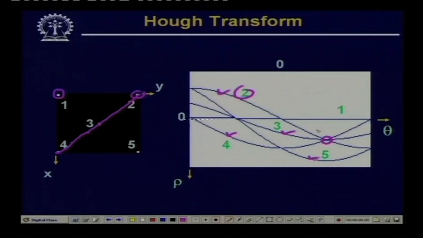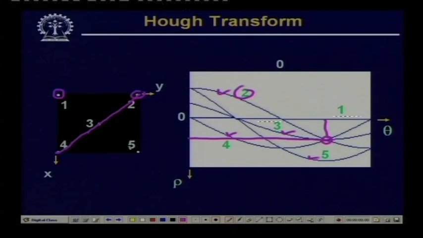So, the corresponding cell will have a value equal to 3, indicating that there are 3 points lying on the straight line which satisfy this particular value of theta and this particular value of rho. From here I can get the parameters of the straight line on which these 3 points 2, 3, 4 are lying, and the same is true for other cases as well.